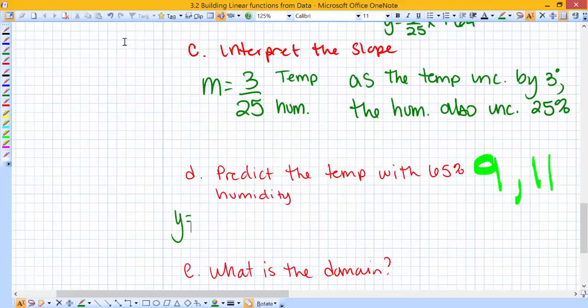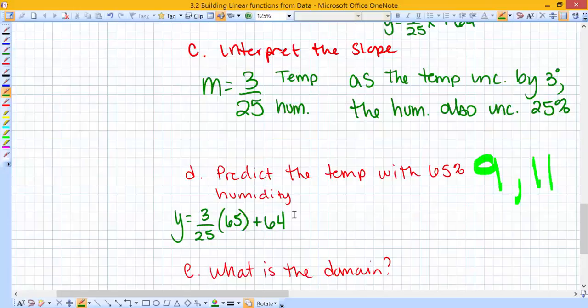X is humidity, y is temperature. Predict the temperature when you have 65% humidity. So then I'd plug in 65 for my x. And then it's plus 64. So that is really simple. You plug in, you do the math, 3 times 65, divide by 25, and then add 64.